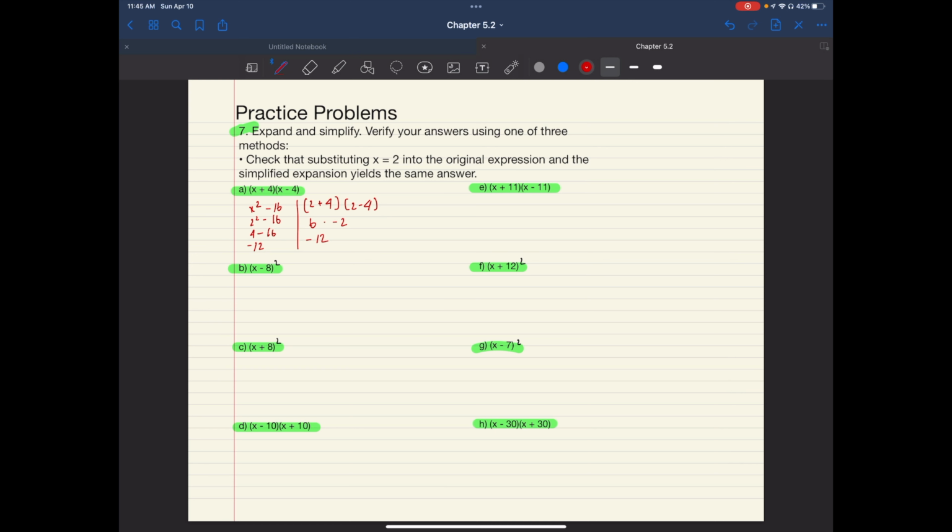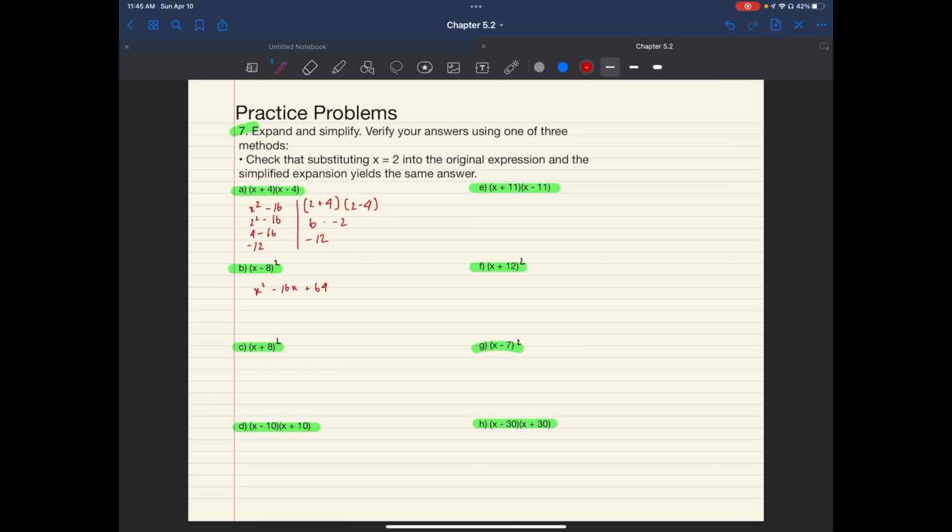So now, moving on to B. So if we simplify this, we know this is going to be x squared minus 16x plus 64.